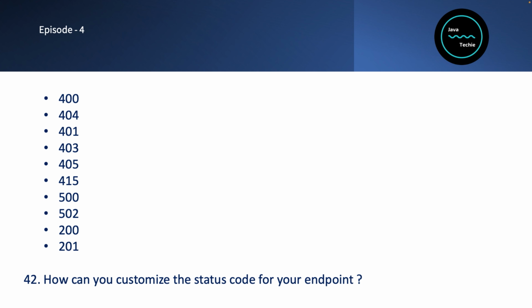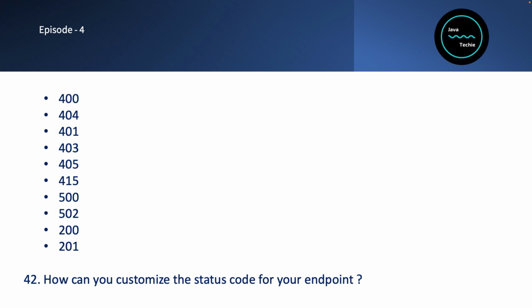Then 401 is about the authentication error. If you are giving wrong credentials to log in to the system, then you will get 401. You will get 403 if your authentication is successful, you have given the correct credentials, but you are not authorized to access that particular feature, then we will get a 403 authorization error.